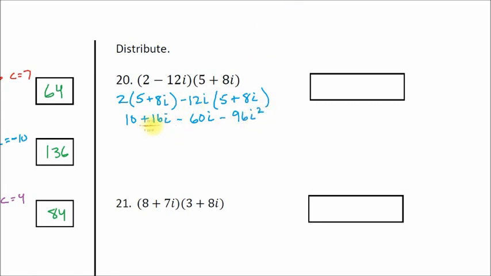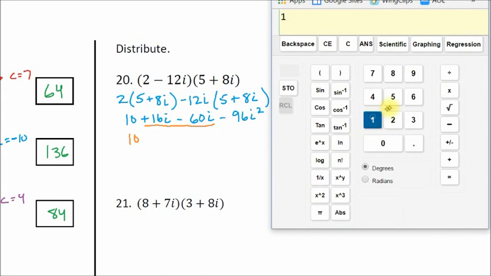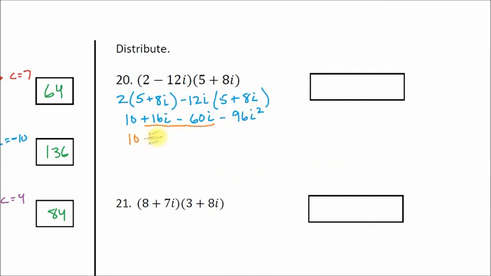Remember this next step. The middle terms are always common or like terms. We've got positive 16 minus 60. 16 minus 60 equals negative 44, so negative 44i. And then remember, class, this i squared can be converted to negative 1.